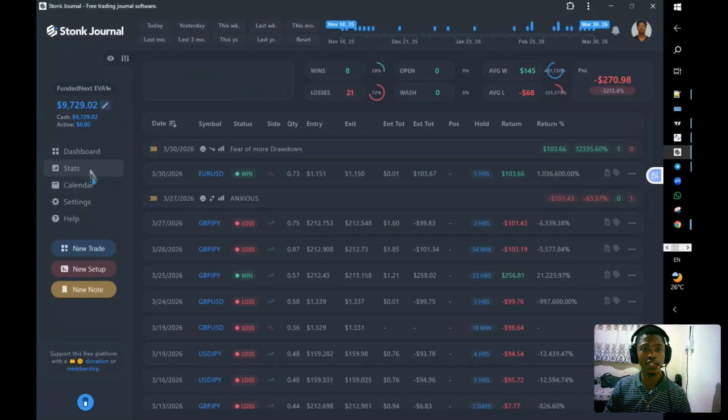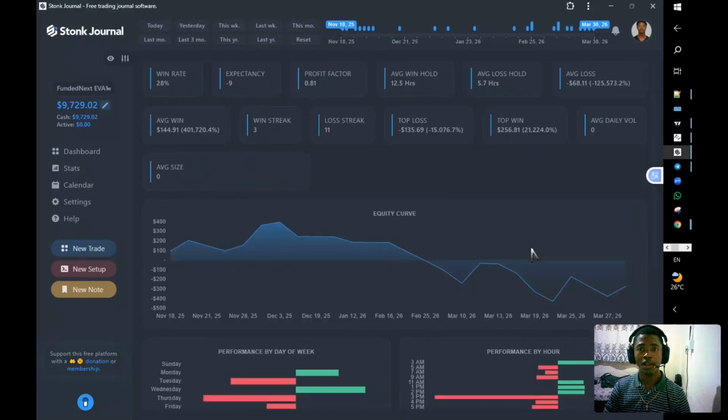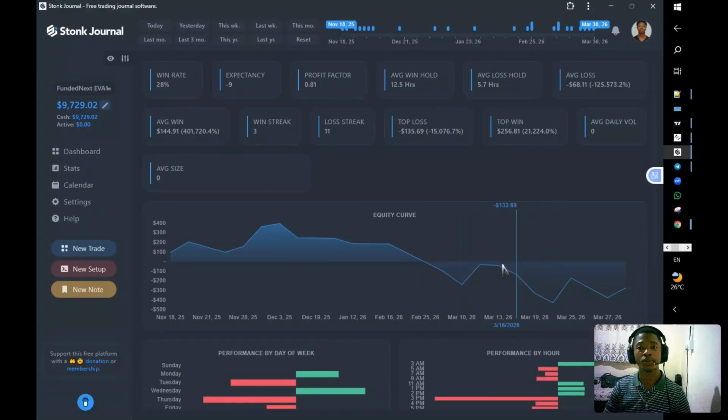Everything, you can see your statistics, your worst performing pair and your best performing pair. Right now I've not been in tune, so these may not be all that well, but you can see that average winning holds at 12.5 hours. Average losses mean that when it is a loss, I quickly get out of the market. When it is a profit, this trade took about 3 hours, but most trades take about 15 to 20 hours.